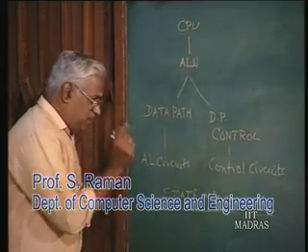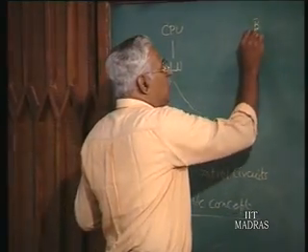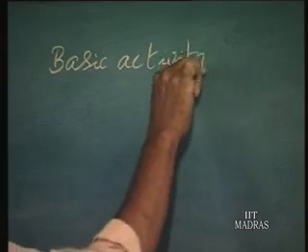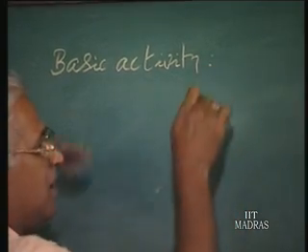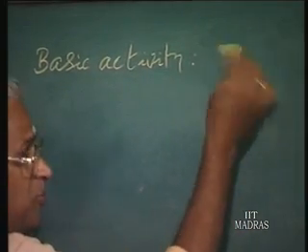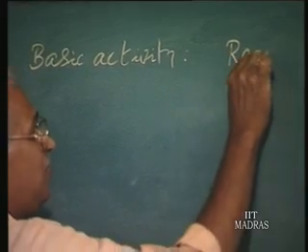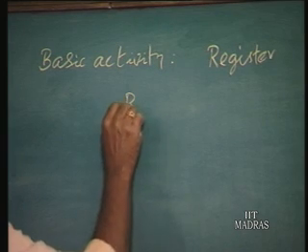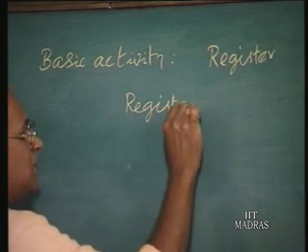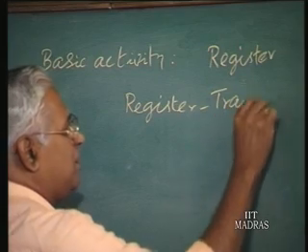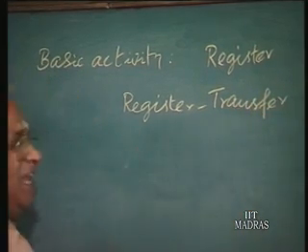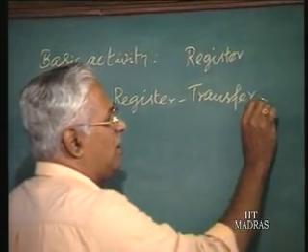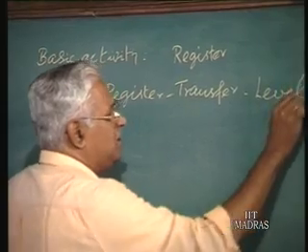So, the basic activity which will be going on during a state, since it goes on at the register level, because we are talking about within the CPU, can be considered as register transfer activity, register to register transfer or clearing a register and so on. At the register level we are talking about this. So, this will be generally called a register transfer level activity, or just simply as RTL.